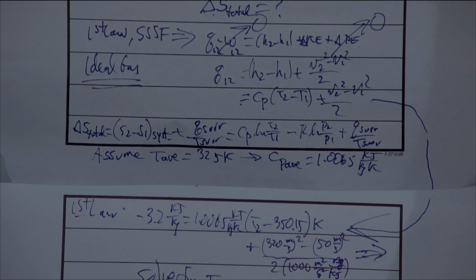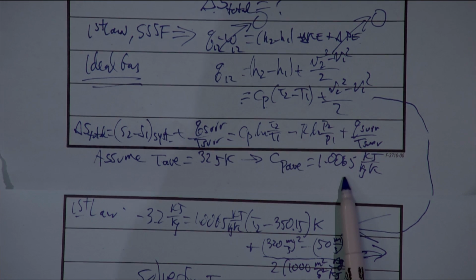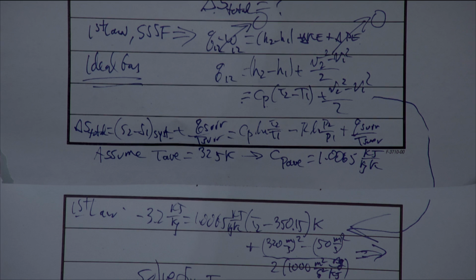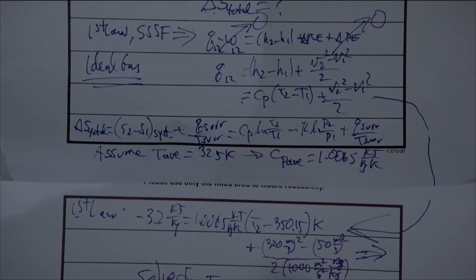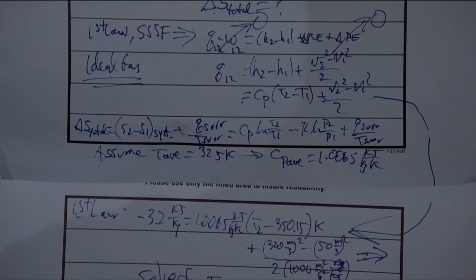If 350 was the inlet temperature and 297 was the outlet, then the average temperature is about 324 Kelvin. And I assumed that the average was 325 Kelvin, and therefore used a Cp at that average. So I'm comfortable with that. My guess was pretty good. Close enough.